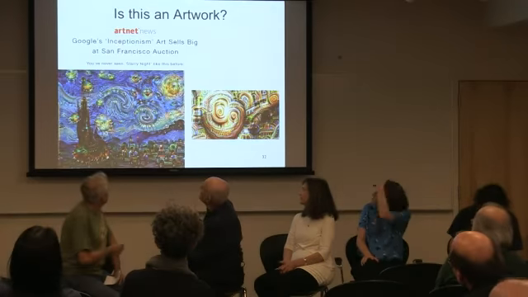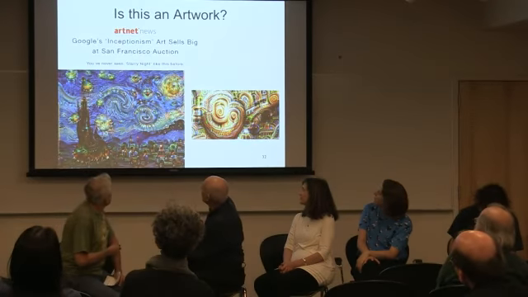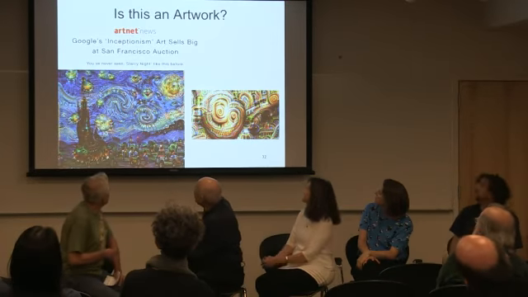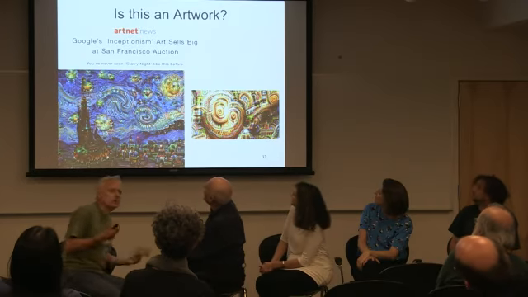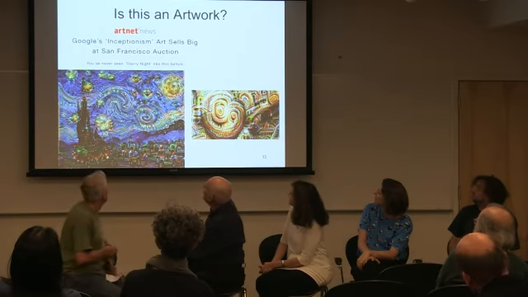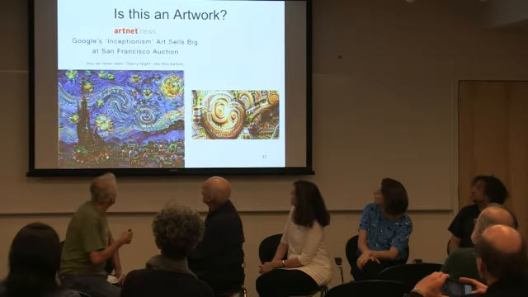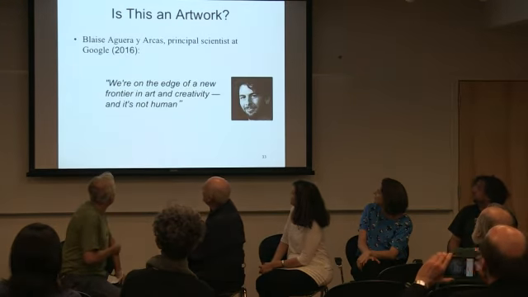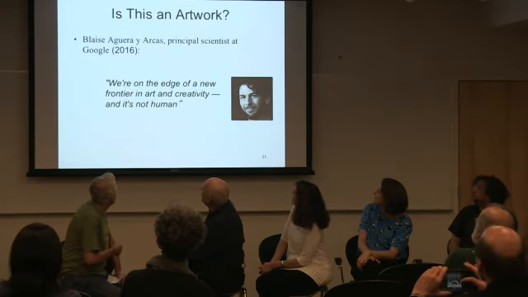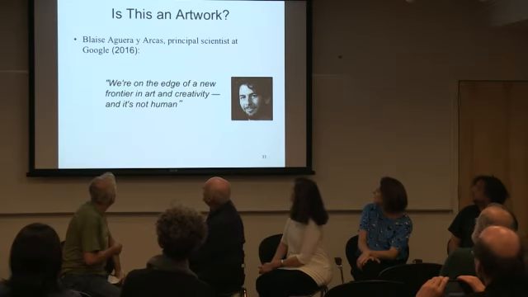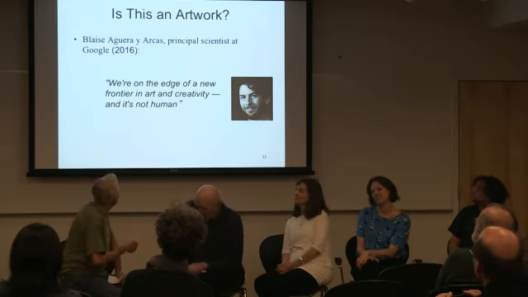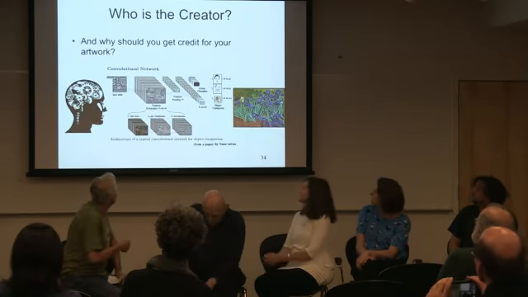Okay? So, then somebody called it Inceptionism. A Google engineer published a paper on his blog calling it Inceptionism. And then there was, we are on the edge of a new frontier in art and creativity, and it's not human.